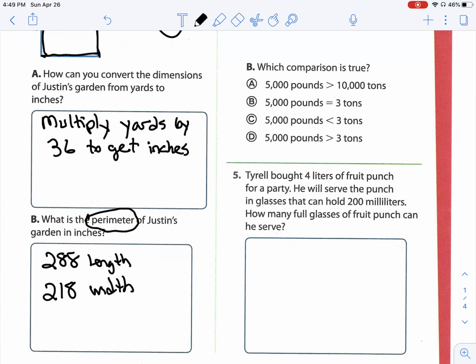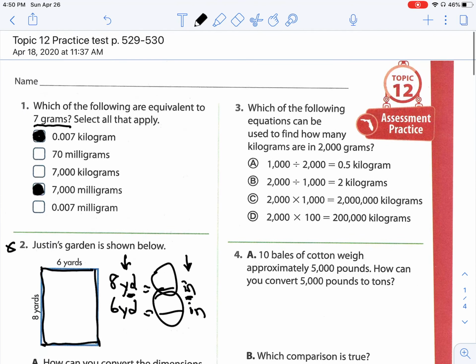But what we have there is 288 plus 216 plus 288 plus 216. When you add those up, you should get 1,008 inches.